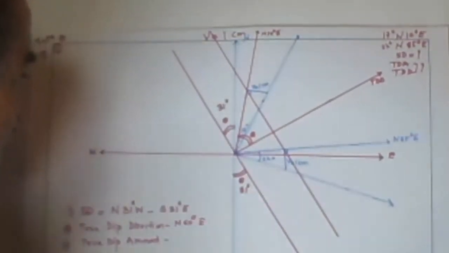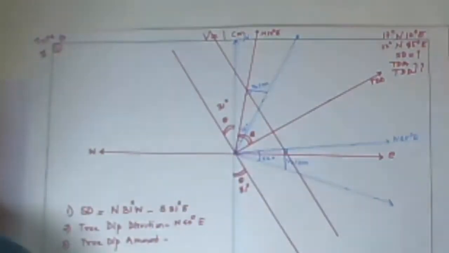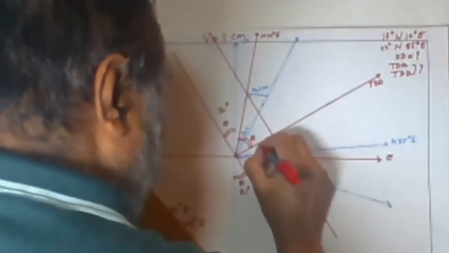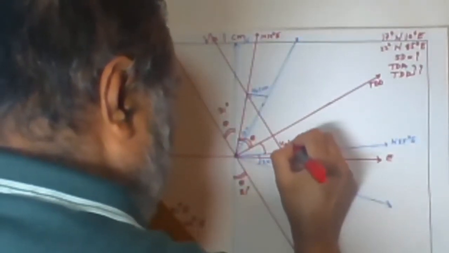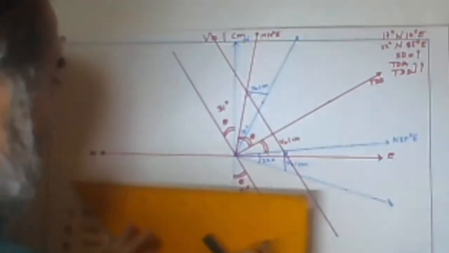We have got that. From here also take a perpendicular, and a V has to be introduced, 1 centimeter. Yes, so this is there only. This is your V of 1 centimeter, and this angle will be your true dip amount.